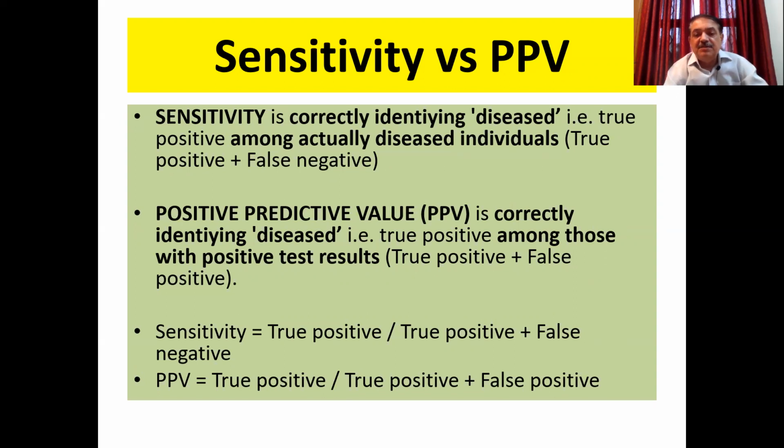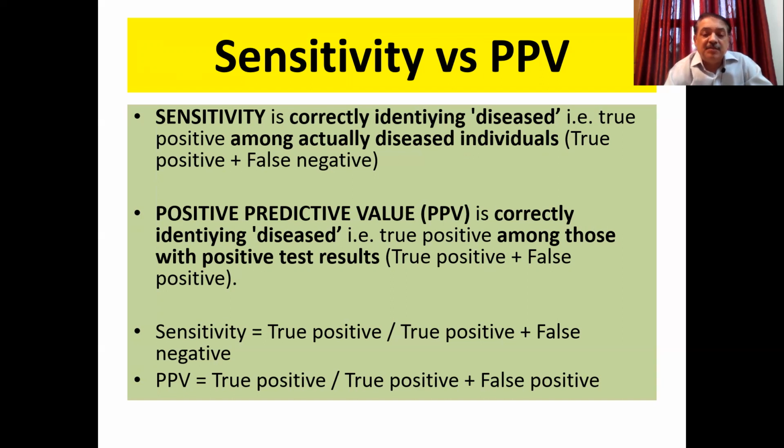Now, if we compare sensitivity as well as positive predictive value, we see sensitivity is correctly identifying diseased, and positive predictive value is also about correctly identifying disease, that is true positive. So we are talking about true positive. But in sensitivity, we are checking the correctly identifying disease, that is true positive, among all actually diseased individuals, that is true positive and false negative, who should be tested positively, but by error they are getting negative result, they are also diseased.